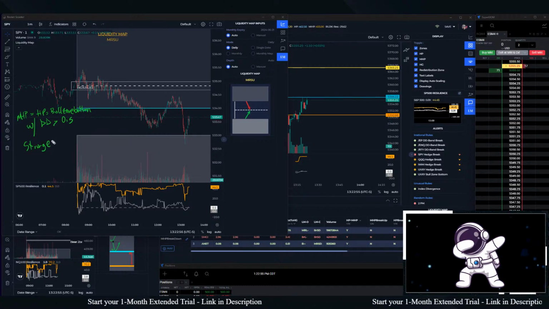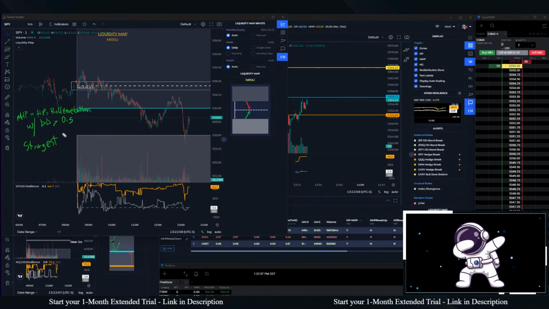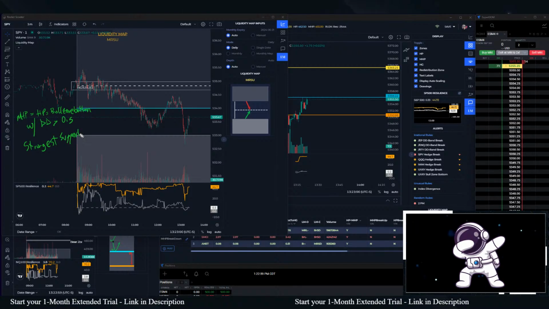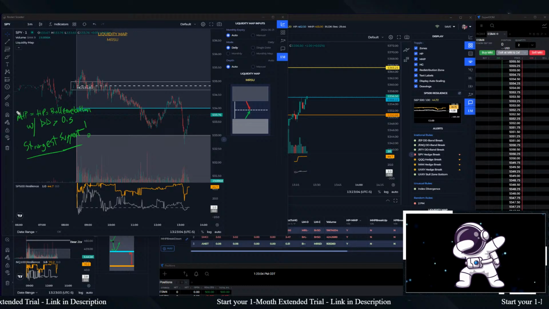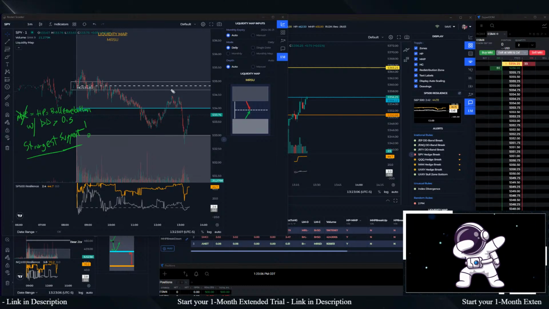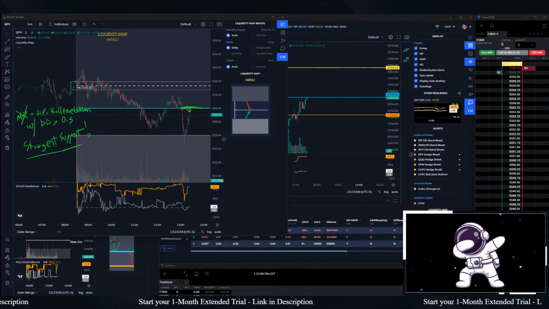This is the strongest support when they all line up. So far, so good. And today we had all the pieces but 3. We didn't have MHP at the same spot, but this is the strongest support.